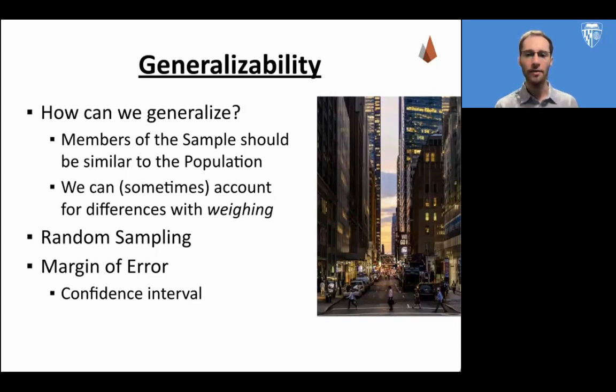So for a 95% confidence interval, we would say that if we do this type of sampling method over and over again, 95% of the time, it's going to fall within a range of values that is close to the mean. Usually with population sampling, we have margins of error that are maybe 3 points off from the mean. So the range of values might be plus or minus 3 for whatever value that is.